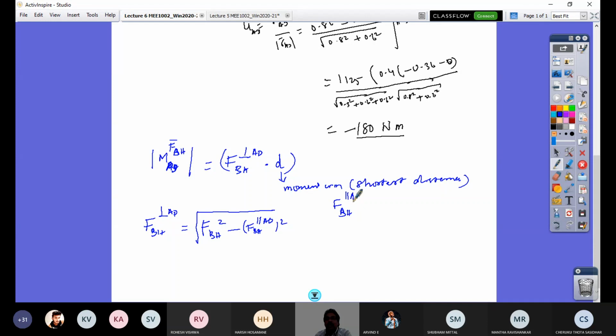Now I will find the modulus of FBH parallel to AD. That's simply a dot product, FBH vector dot UAD vector. FBH vector is this, 1, 1, 2, 5 divided by this radical, dot UAD.